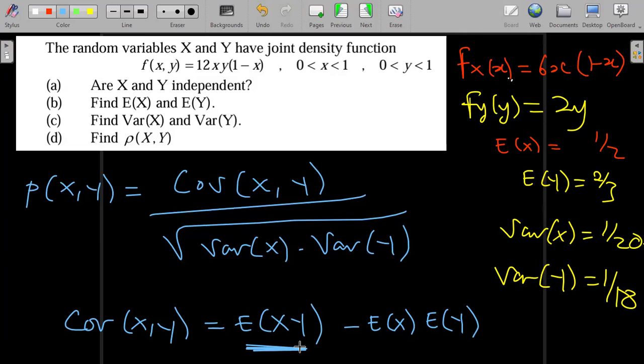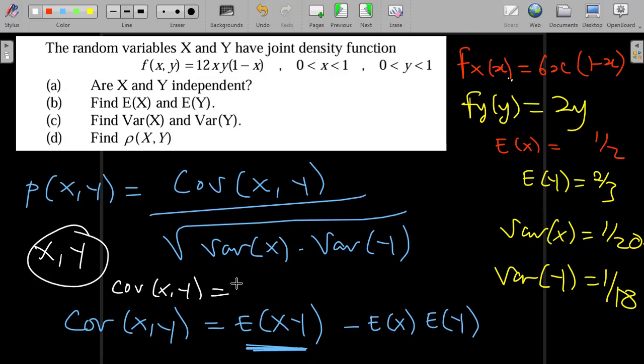But I'm not going to find it because we have a special property that we're going to use. If your random variables X and Y are independent, which is what we found in part A, then the covariance of X and Y will always be 0.